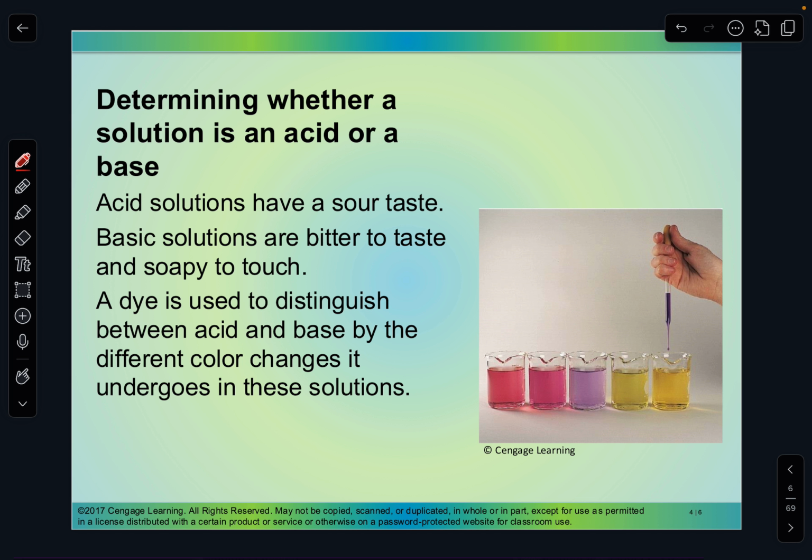So this is just good knowledge to have. Acids have a sour taste. So these are in energy drinks, tomatoes, and citrus fruits.